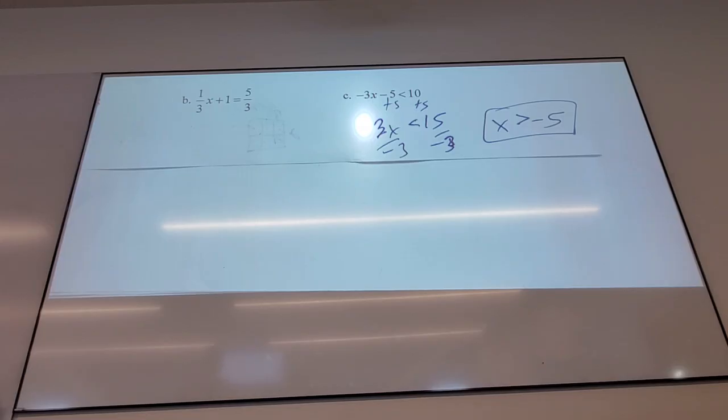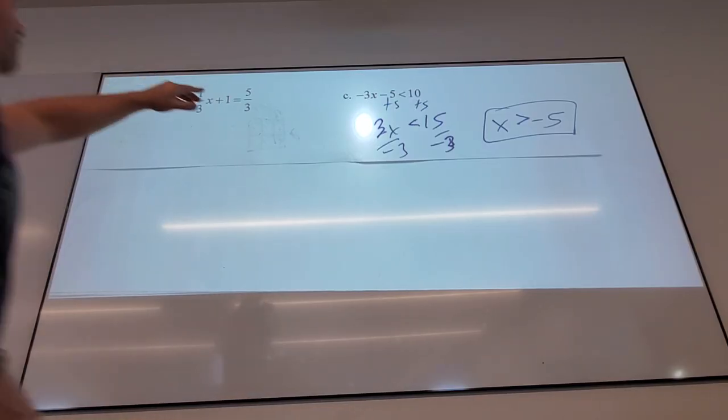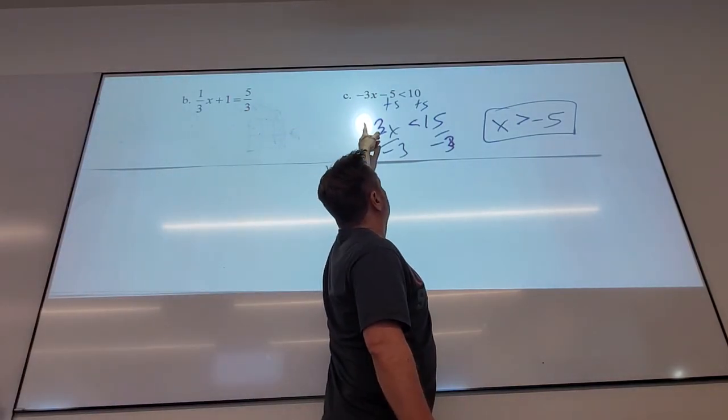How do you check yourself? Actually, you plug 1 in. No, -5 won't make it work, because the answers are all greater than -5. Can somebody give me a really simple answer that's bigger than -5? Plug a 0 in.